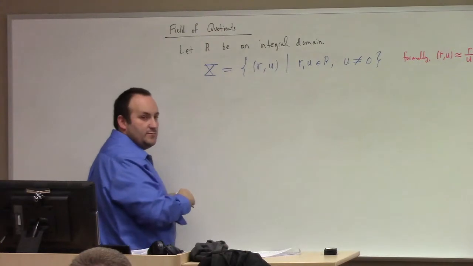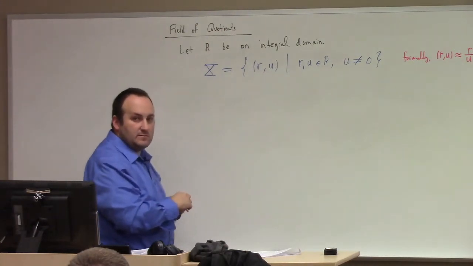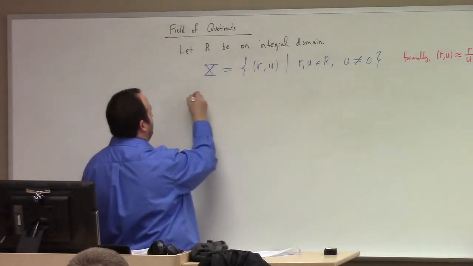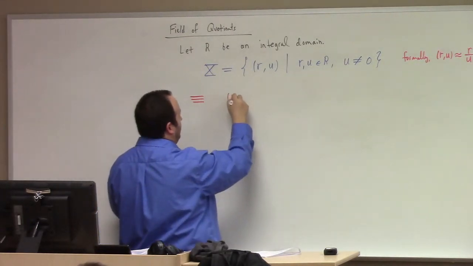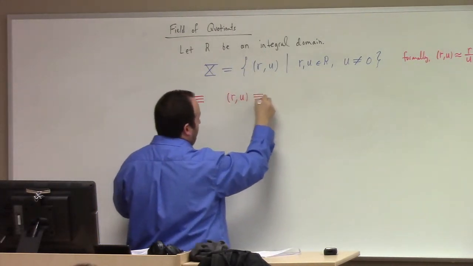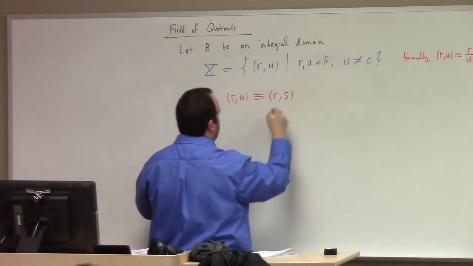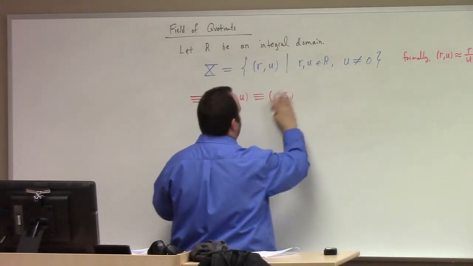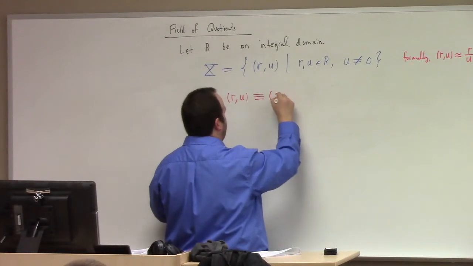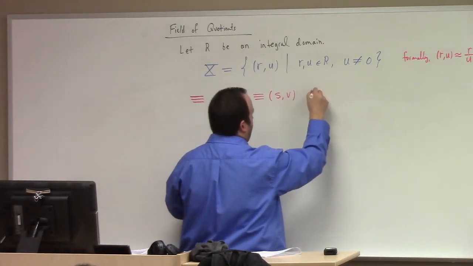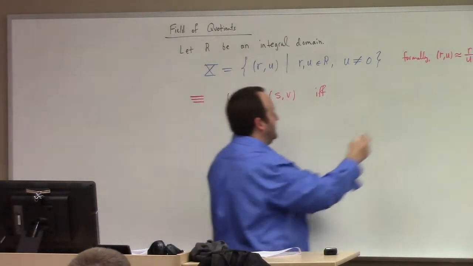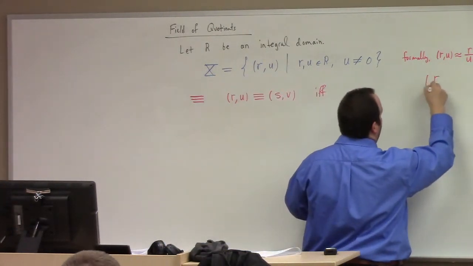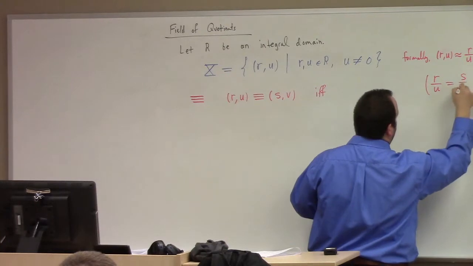So the first thing is, when are fractions equivalent? We're going to define an equivalence relation, which we'll write with a triple equals sign, and we'll say that (r, u) is equivalent to (s, v) if and only if what? So man behind the curtains, right? If you want r over u to equal s over v, what would you want to impose?